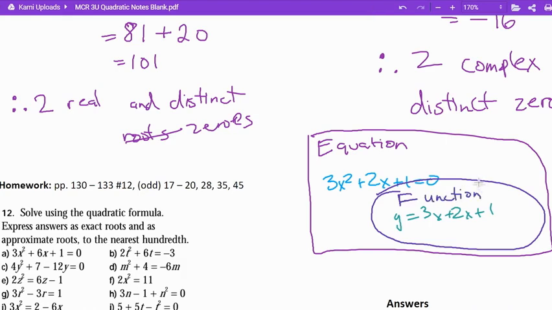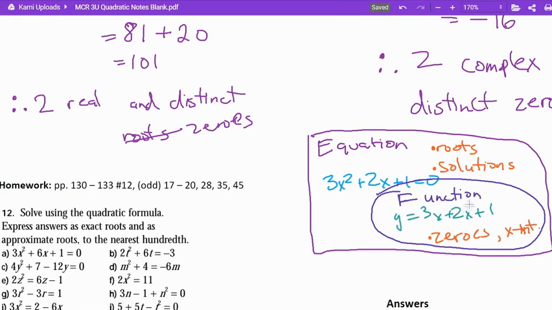An equation is anything that has an equal sign, but a function is an equation that has y and x. So we can always say roots and solutions, but you can only say zeros and x-intercepts when you have a function.